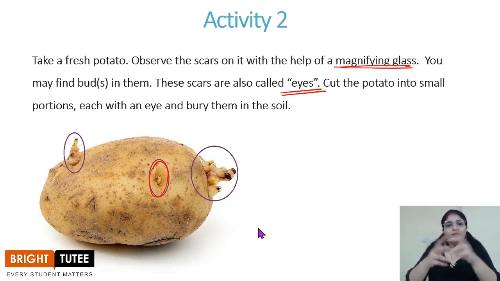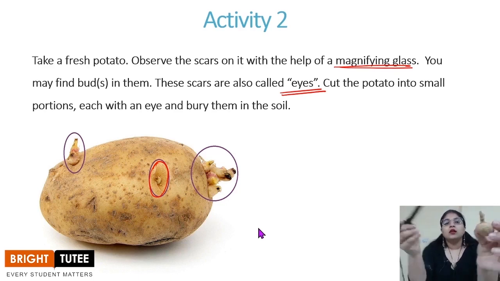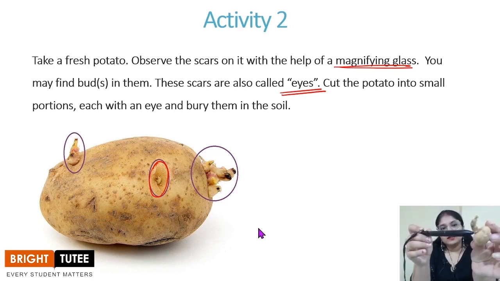So what you can do is take a fresh potato and first observe the eyes. You can also count how many eyes there are on a potato. Then keep it for some time, say 4 to 5 days or a week. After that, you will observe that the potato starts growing small plant-like structures like this, right?